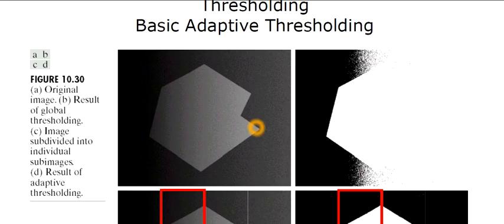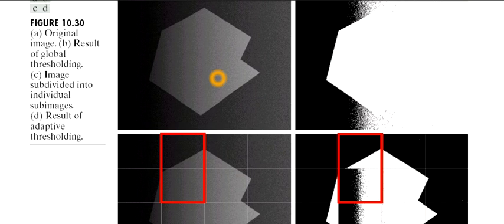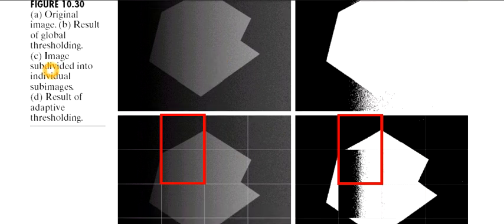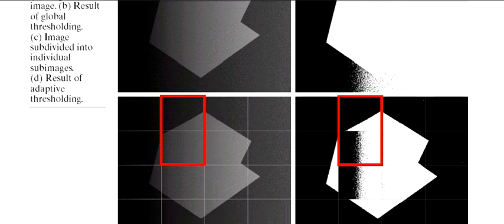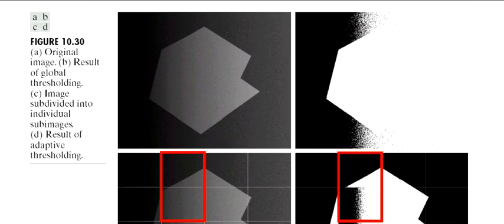Now, we may have adaptive thresholding also. In adaptive thresholding, we divide the whole image into different sub-blocks and apply the thresholding technique to each sub-block. See, this is the original image, and from it we may have some initial properties of that image, but applying global thresholding the output will be like this, and that is not very clear.